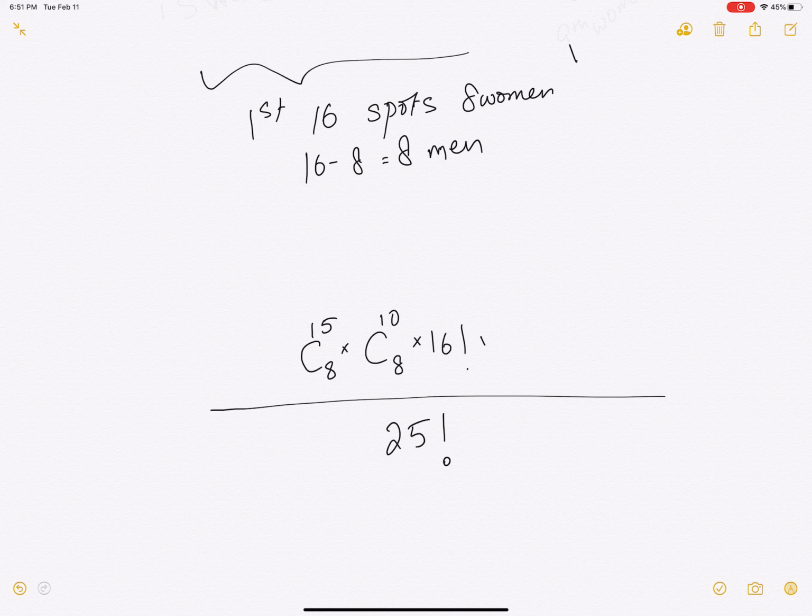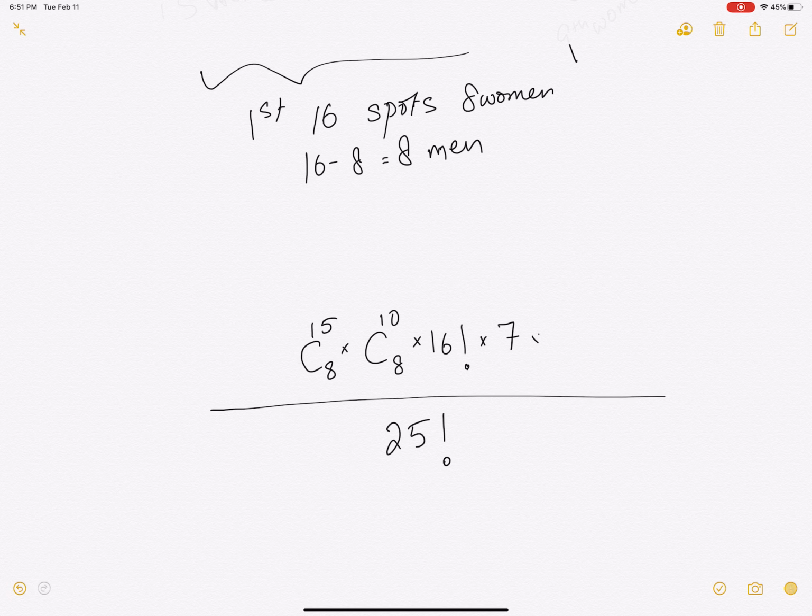Now in the 17th spot, we need to assign a woman. How many ways can we do that? There's 7 women left over, so you can pick any one of them. So there's just 7 ways to assign a woman to that 17th spot.